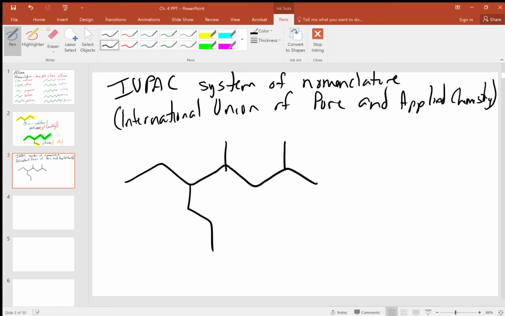To be perfectly honest, they publish a book of organic nomenclature rules that is approximately 1,300 pages. So we're certainly not going to learn all the rules of nomenclature, but there are certainly a lot of rules that exist. If you think about just how quickly an organic molecule could get complicated, it probably makes sense that there's the need for that many rules in order to be able to name compounds.